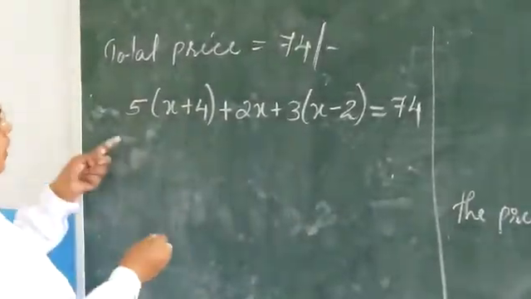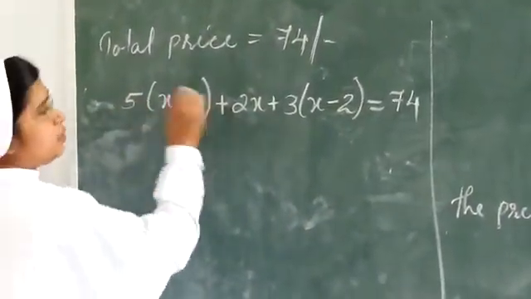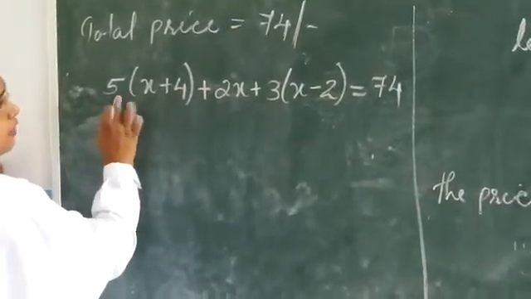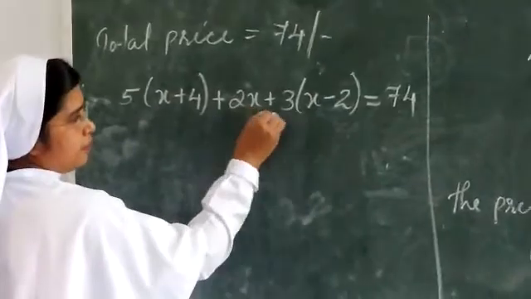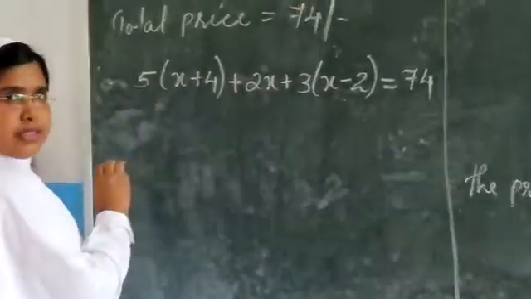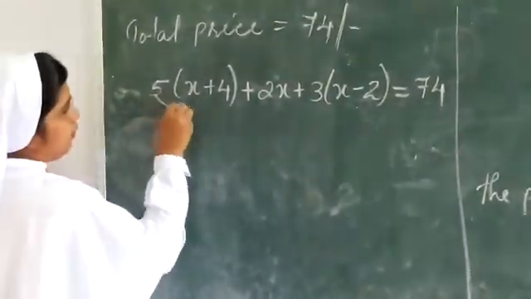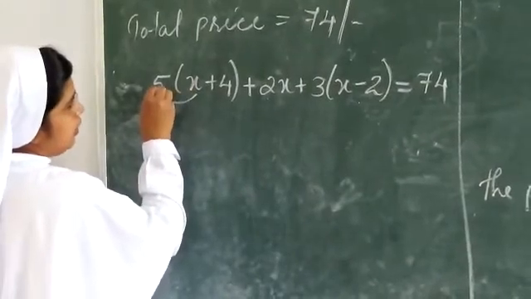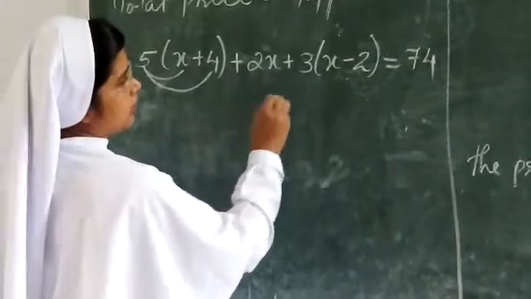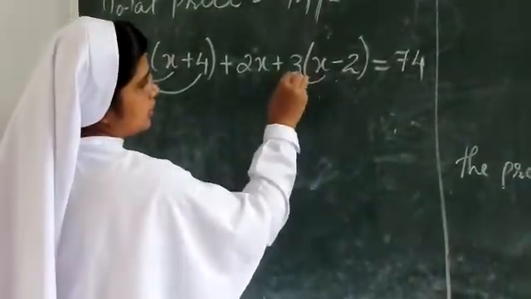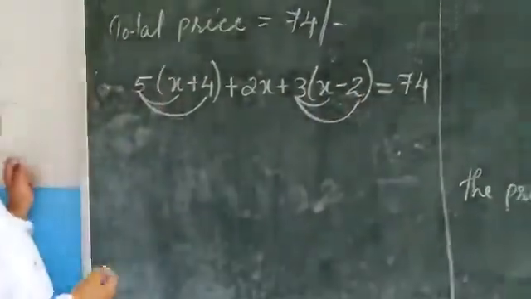Okay? Now you have to multiply each of the brackets. This 5 into x plus 4, 2x, and 3 into x minus 2 is another bracket. So now you have to multiply 5 into x, 5 into 4. Here it is already multiplied. 3 into x, 3 into 2.